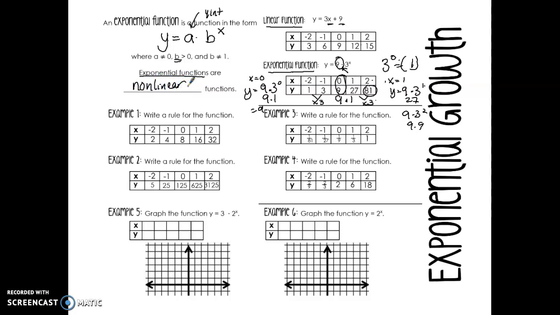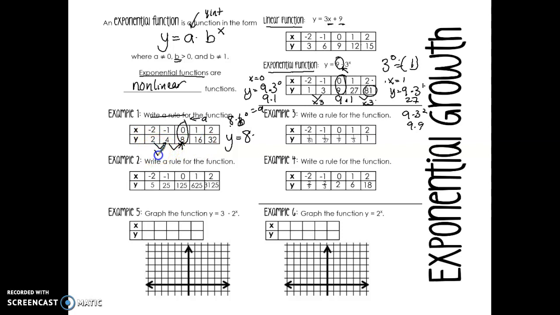All right, so you should be able to write the rule for the function. X to the power of 0 is going to give you your a. That meant you had whatever the base was to the power of 0, and you times it by your a. There is your a in your exponential function. So this equation is going to be y equals 8 times, you need to figure out the b. What am I multiplying every time to get my new number?